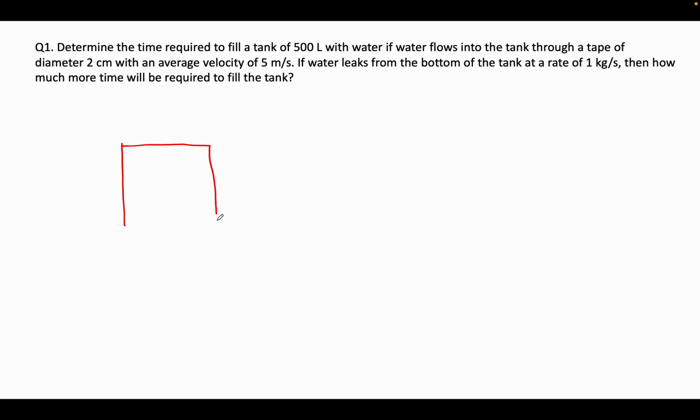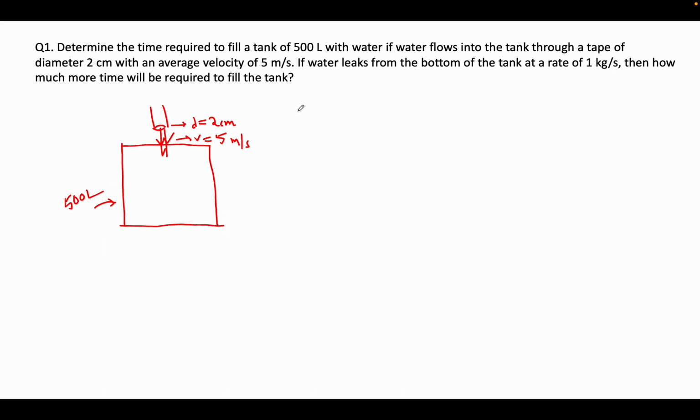Okay, so there is a tank and the capacity of the tank is 500 liter, and there is a pipe with a tap through which water is being filled inside the tank. The diameter of the tap is 2 centimeter, and the velocity with which the water flows through the tap is 5 meter per second.